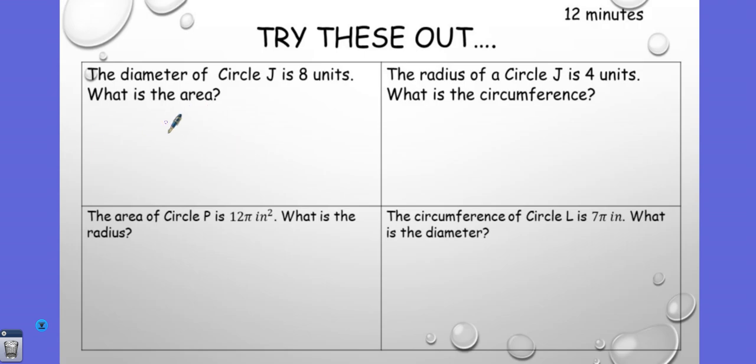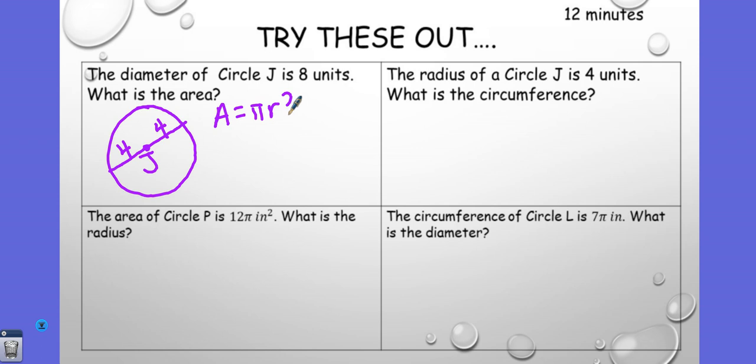The next picture, we're going to draw this circle. We're going to call it J, and it said the diameter is 8. So if the diameter is 8, this piece is 4, and this piece is 4. And when I add that together, I should get 8. And it asked me what was the area. An area of a circle is pi r squared.